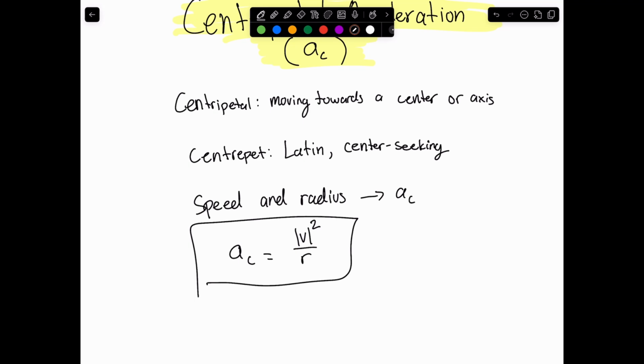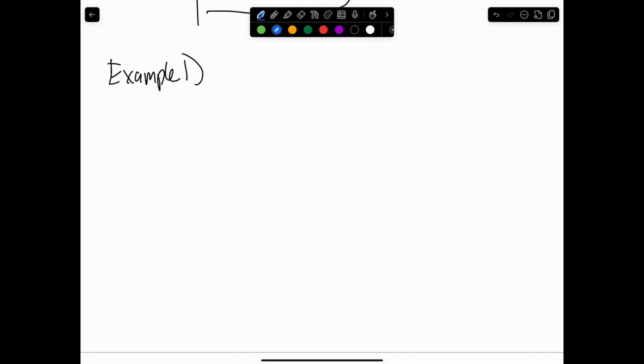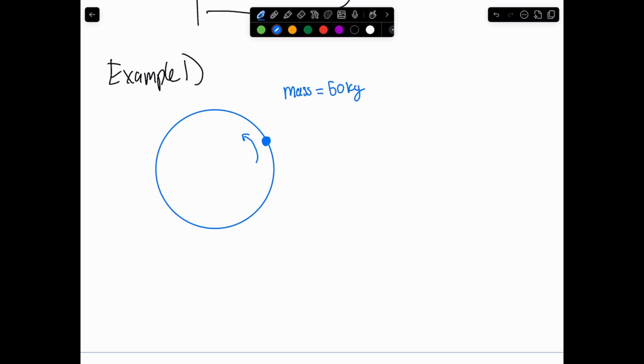Now that we have an acceleration equation, I want to do a very quick example. Let's say we have a circular path here and an object here, and it's moving this way around the circle. The mass of the object is 50 kilograms. The magnitude of velocity, or the speed, is 10 meters per second, and the radius of the path is 20 meters.